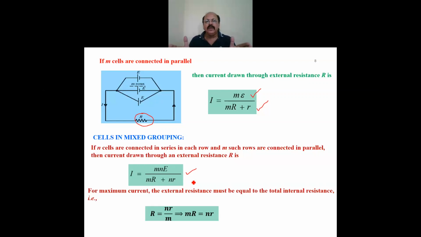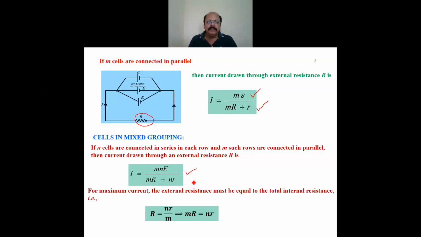So this is the total current that passes through the external resistance R when n cells are connected in series in each row and m such rows are connected in parallel.